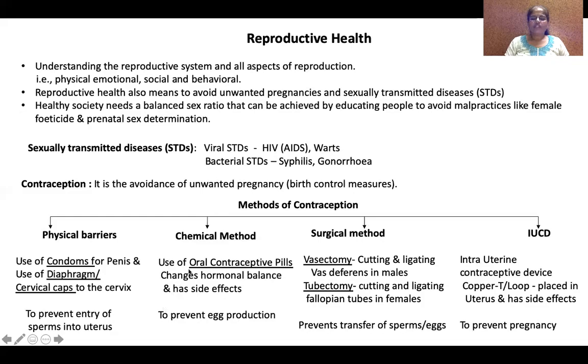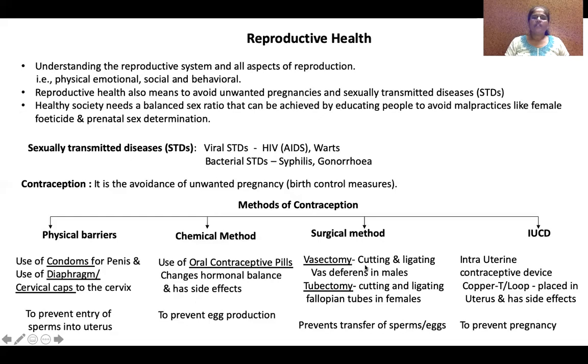These pills cause changes in the estrogen hormones in the female and prevent egg production. But these oral contraceptive pills should be taken every day, apart from the 3 to 5 days of the menstrual cycle. Every day these pills should be taken, but it has side effects. Females will have side effects because of the hormonal changes.